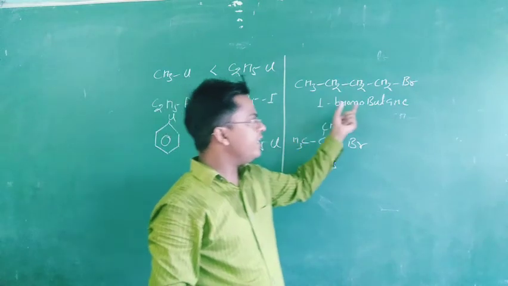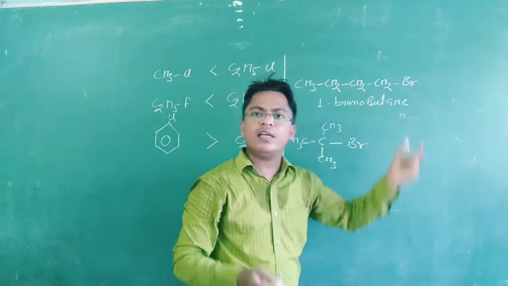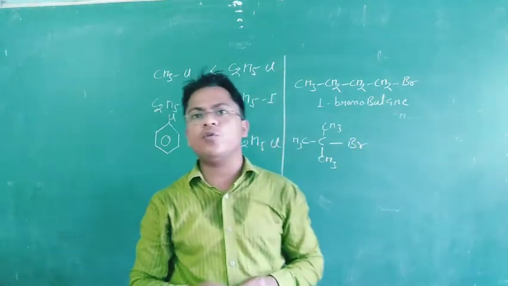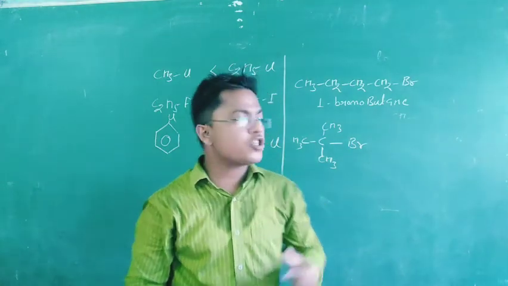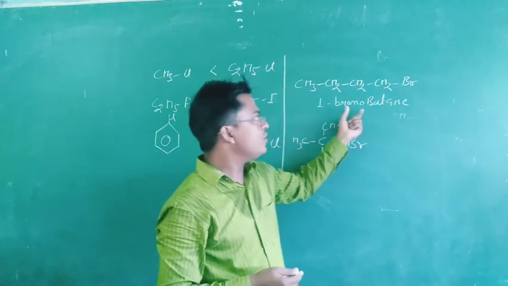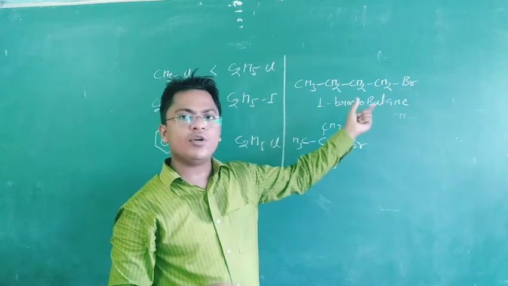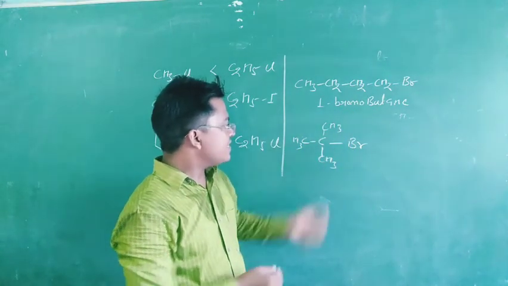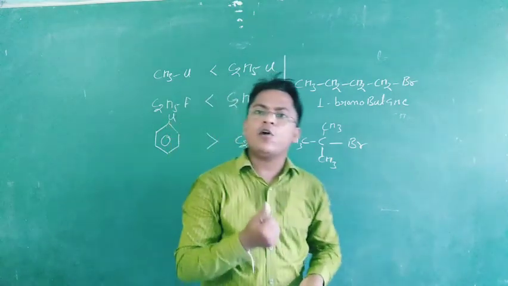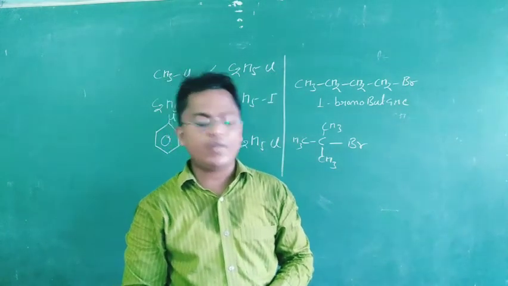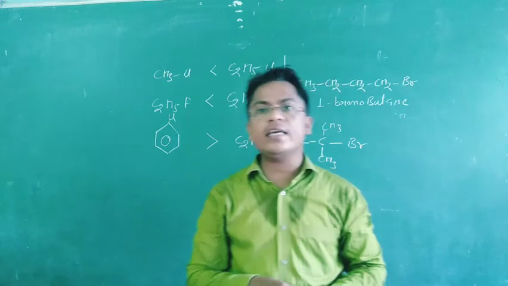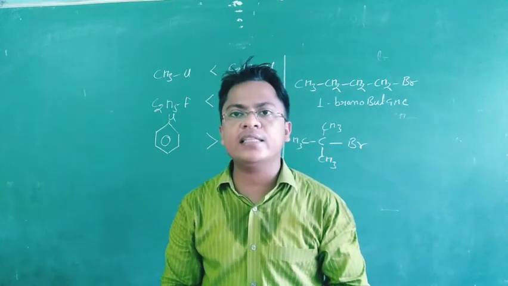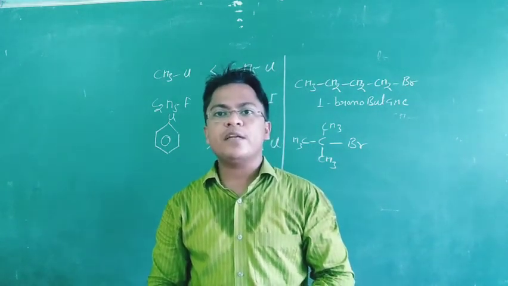This is the linear molecule, and the packing of a linear molecule is better. It is a strongly attracted molecule, so the boiling point of a linear molecule is higher than the branched chain. The escaping tendency of the branched molecule is higher, and the linear one needs more force. So we can say on increasing the branching of alkyl halide, the boiling point generally decreases.